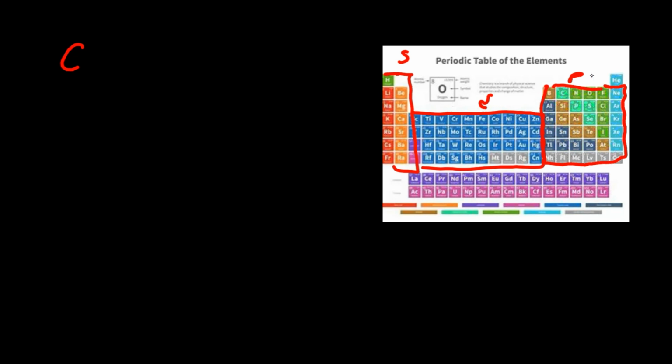Helium is included in the S block, by the way. And then this down here is the F block. Okay? So we're going to use this knowledge to now tell where the electrons are located in carbon.